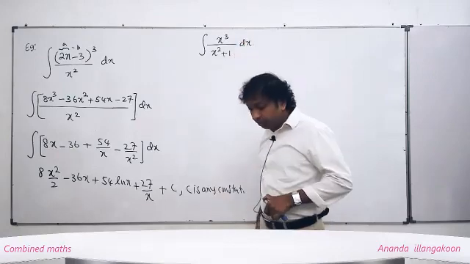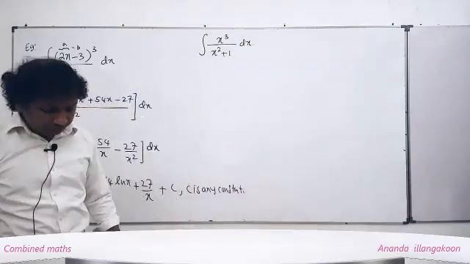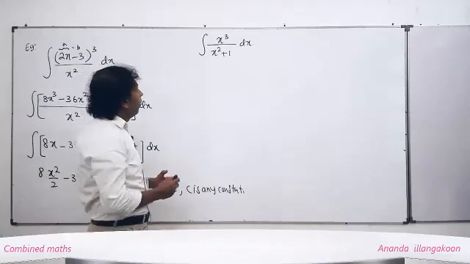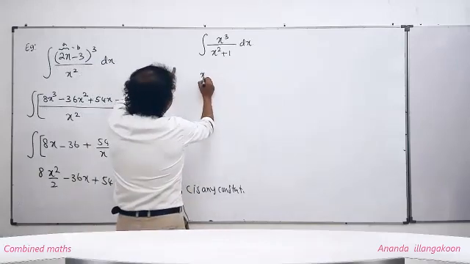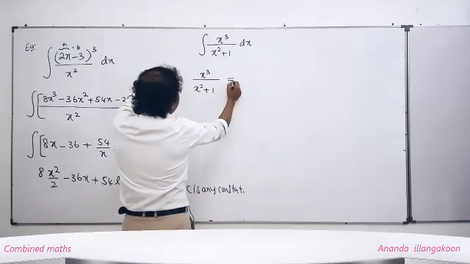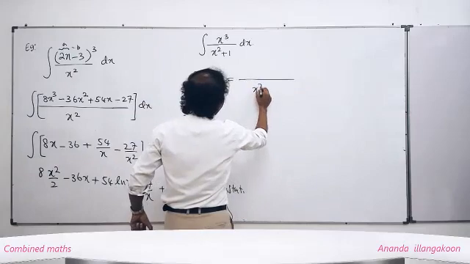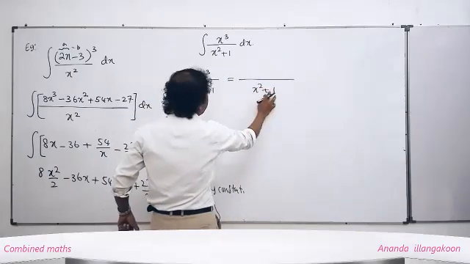So to do this one, people, you can very clearly see I can write this in this manner. I take this x cube upon x squared plus 1 like this. This is very simple algebra. Now I write here x squared plus 1, the same denominator.